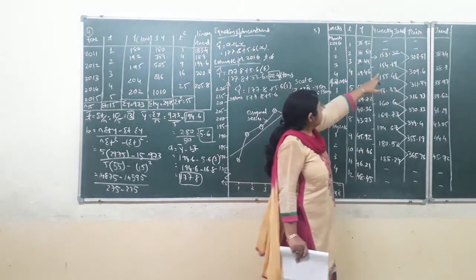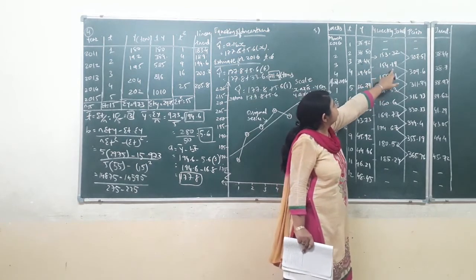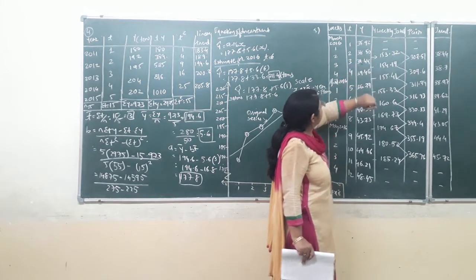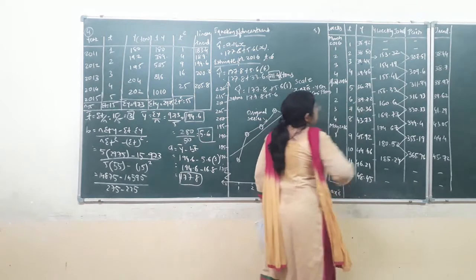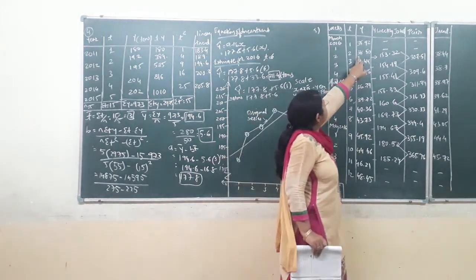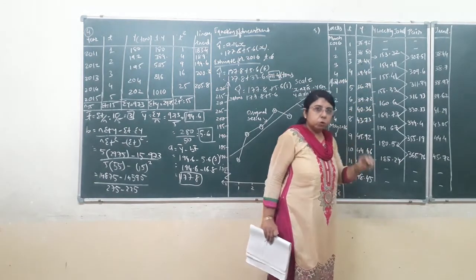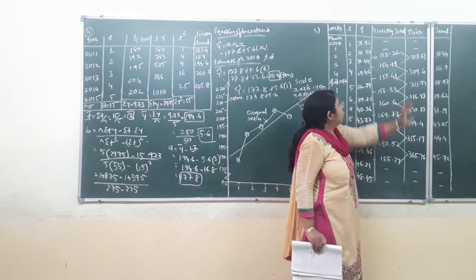Next, that same total you will take: 154.19 minus Y2, that is 38.50, and you will add Y6, that is 39.72. Then you will get the answer 155.41.